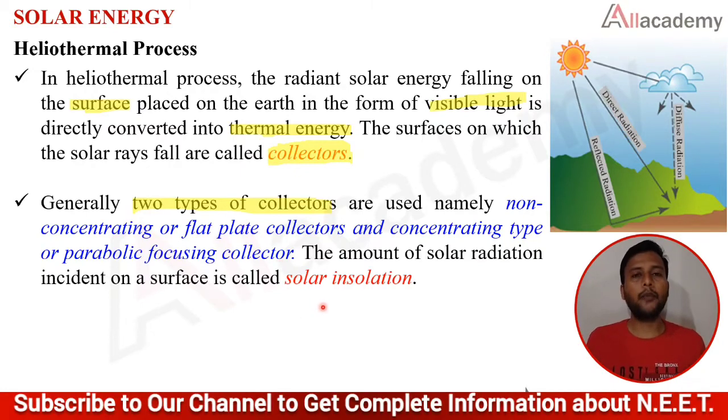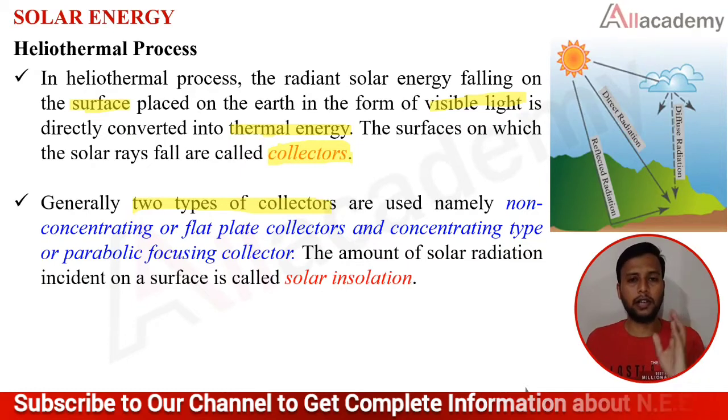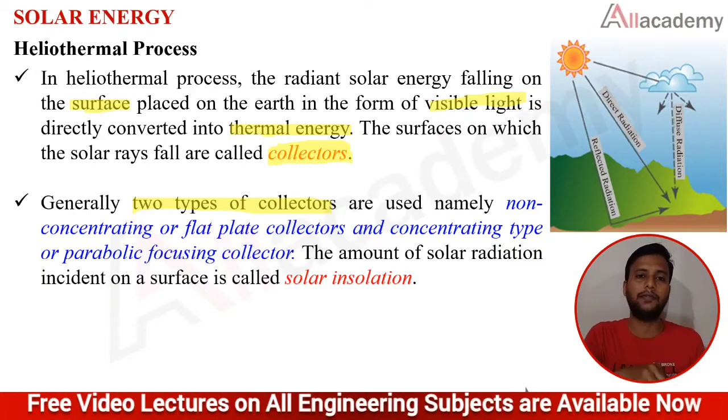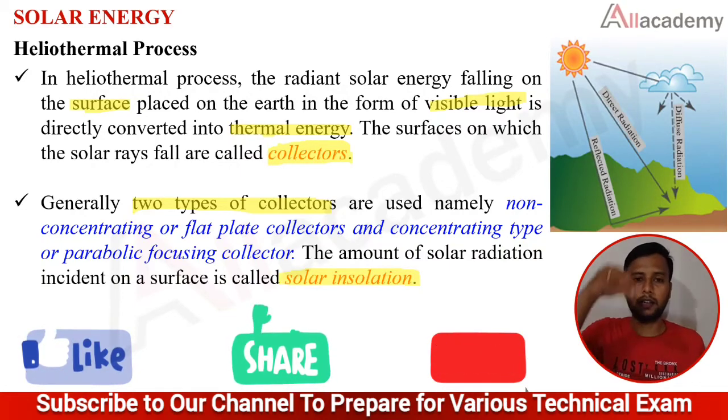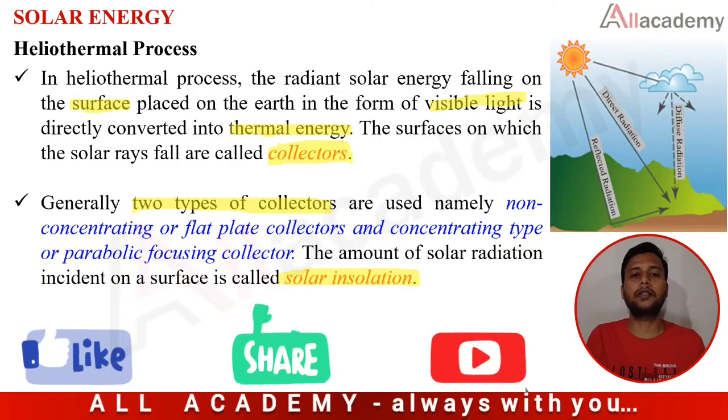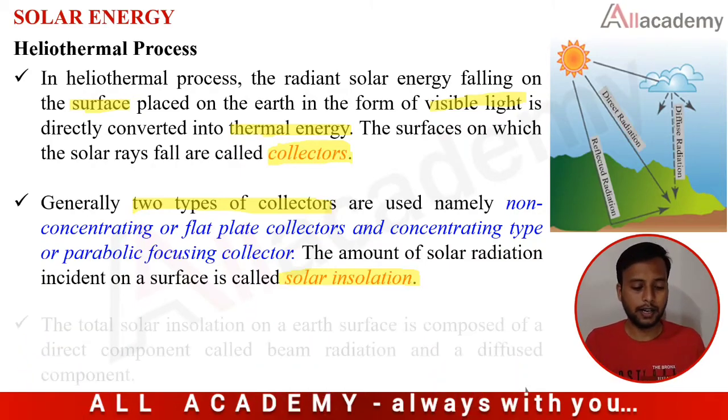And whatever amount of radiation falls on these surfaces, either a flat surface or a concentrating surface, is called solar insolation. Whatever rays or radiation fall on the surface is called solar insolation.